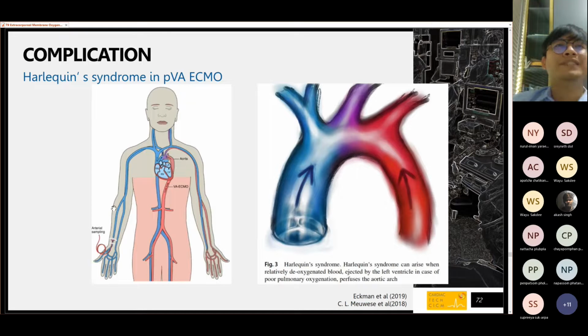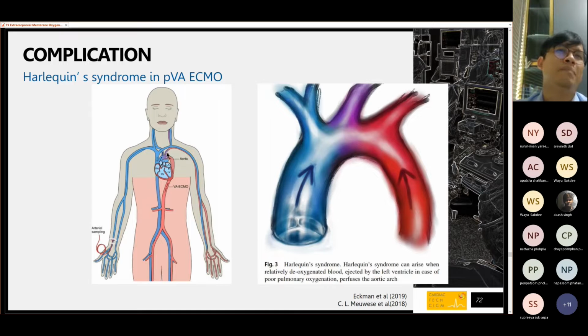If we observe the patient's skin, you can see different zones of skin color. The lower part tends to be more red, but the upper part becomes like a lack of perfusion.